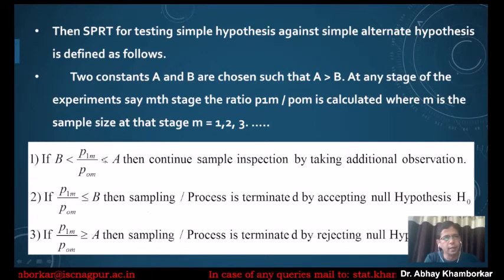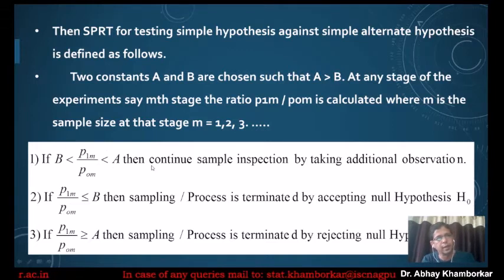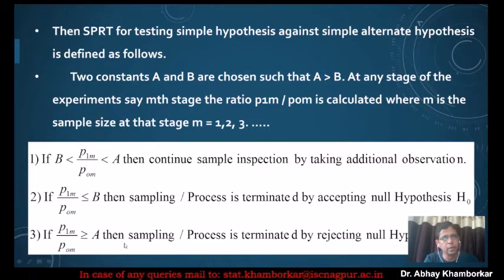On the other hand, if this inequality is violated, and we get p1m upon p0m greater than or equal to A, I am talking about the right hand side, if the ratio is greater than or equal to A, then the sampling is again terminated, but by rejecting the null hypothesis H0. So in this fashion, we take a decision as far as the SPRT is concerned.